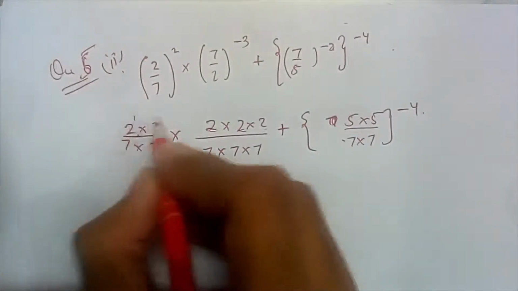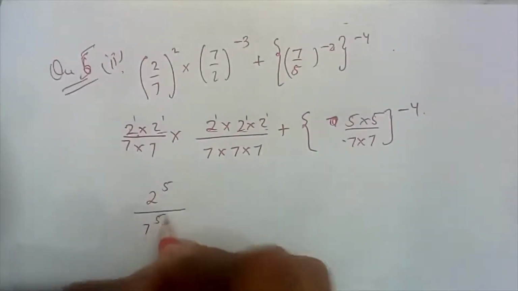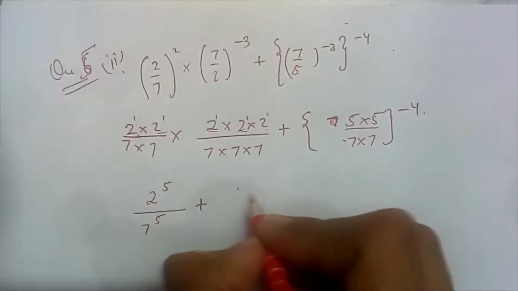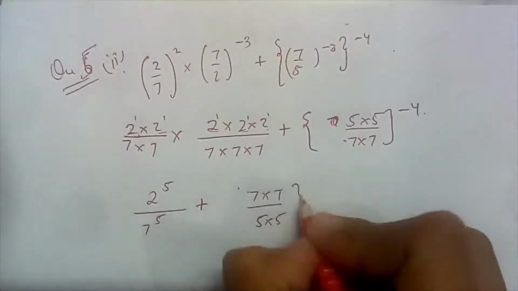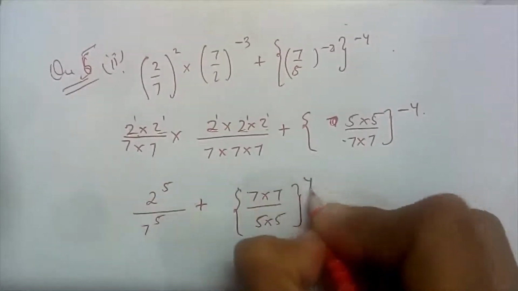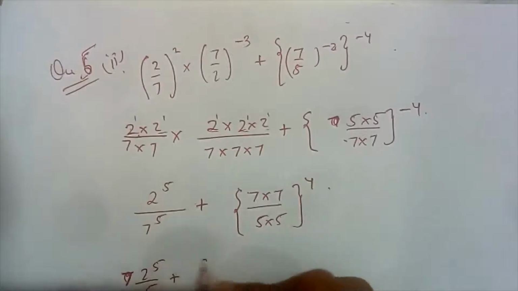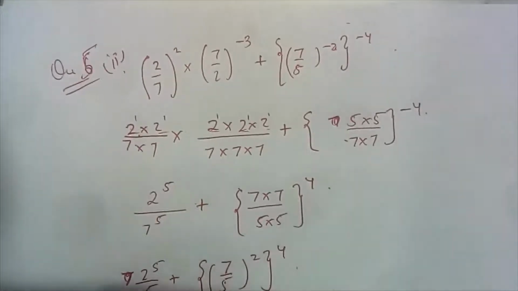We will add the powers. 5 upon 7 to the power 5 plus, it will be 7 into 7 upon 5 into 5 whole to the power 4. So 2 to the power 5 upon 7 to the power 5 plus, let's write it as 7 by 5 whole to the power 2 to the power 4.